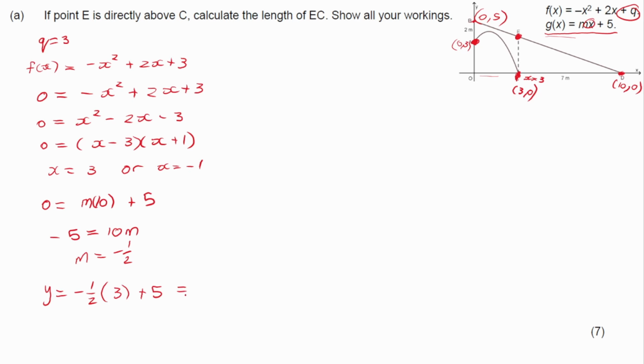When we do that, we find that this is 7 over 2. So we know that E is the point 3, 7 over 2. So we know that distance EC is just 7 over 2, which is just 3.5 meters. Because they've given us units in meters, so make sure we answer with the units meters.